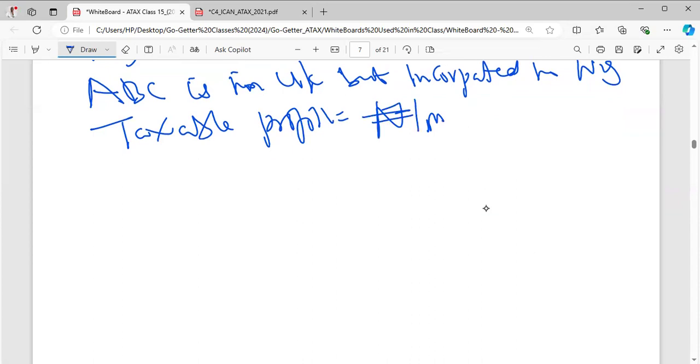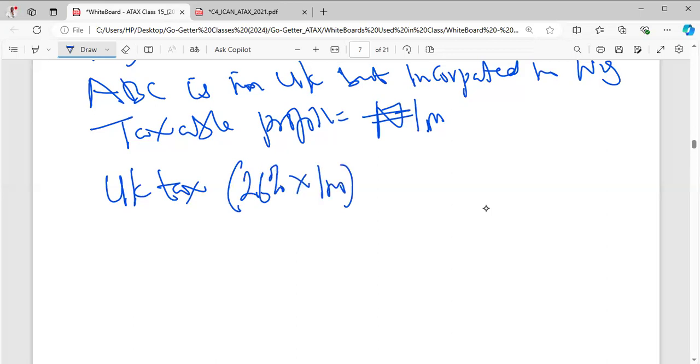Because it is in UK, UK tax will be 26% of 1 million, which is how much? 260,000.